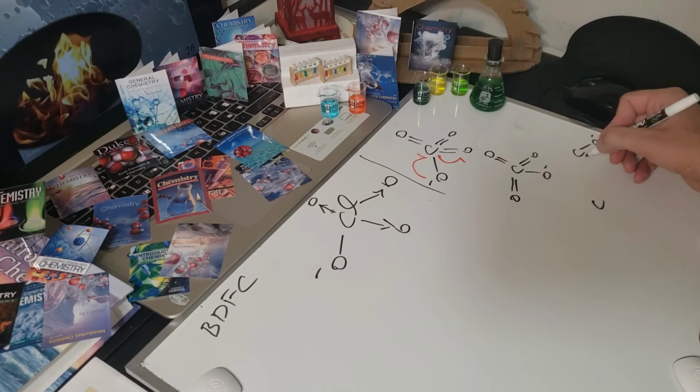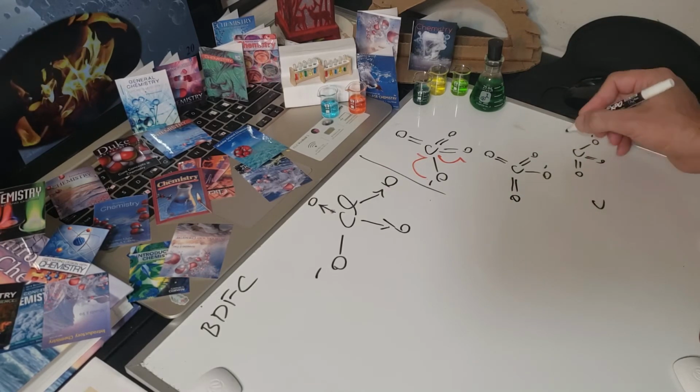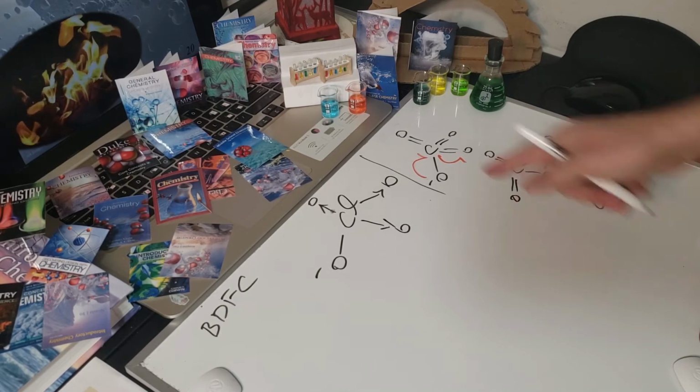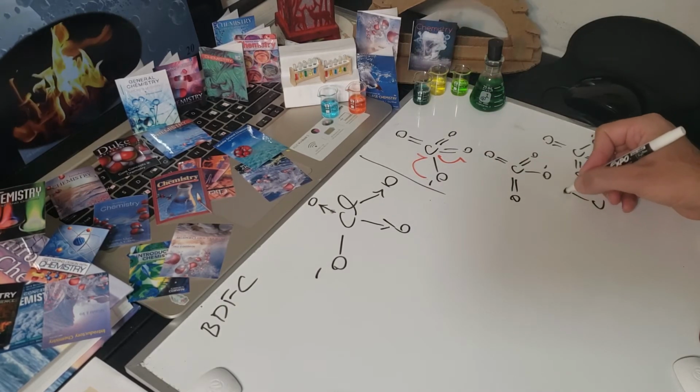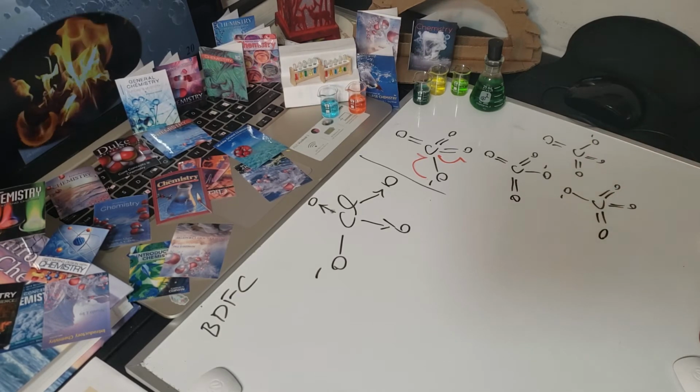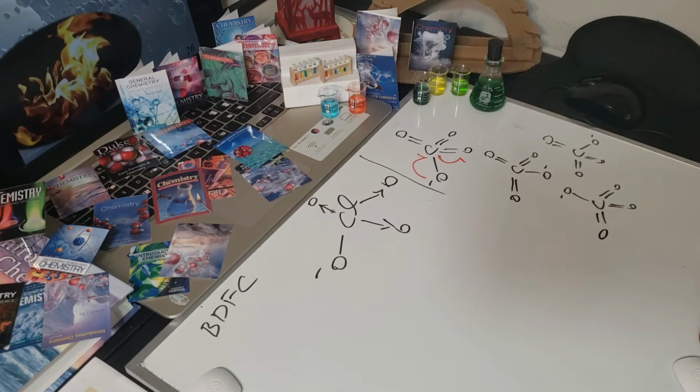That's 1. That's if you do it with this one, and if you do it with the one on the top, you will get the O negative on the top. So that's how you do the four resonance forms.